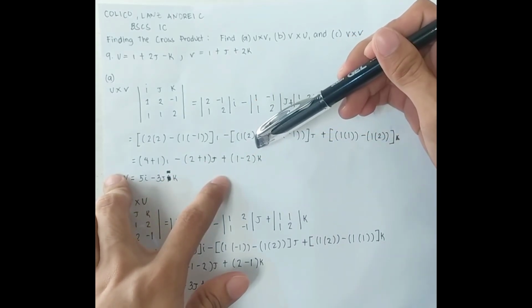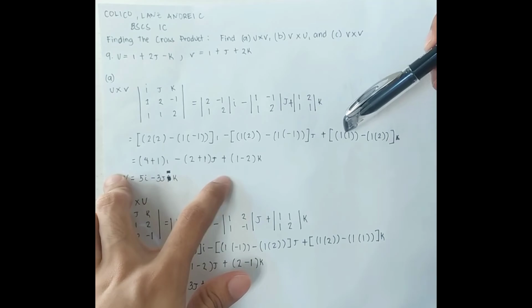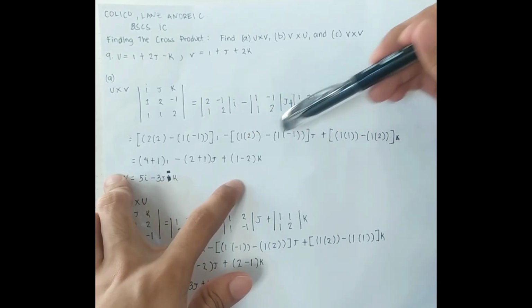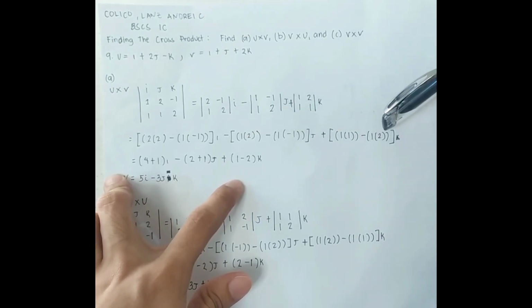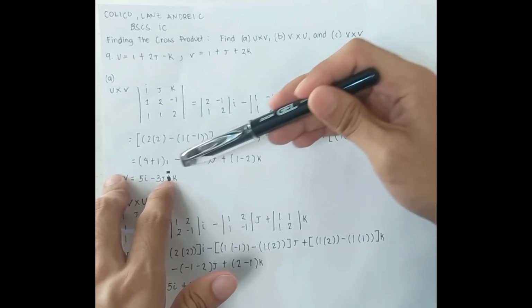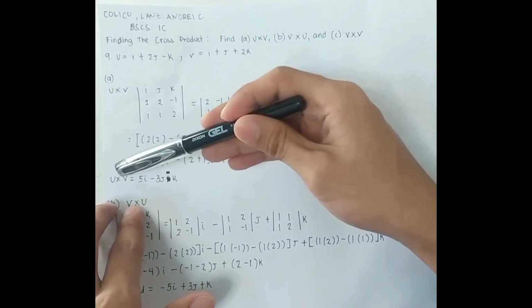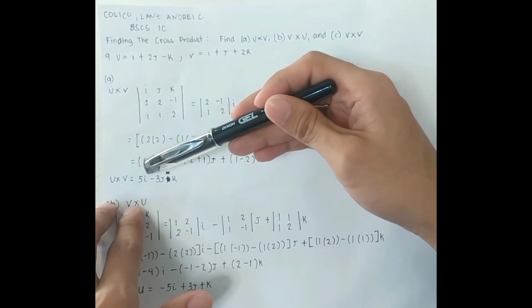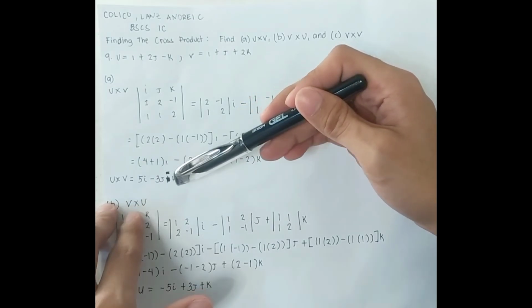Then, to get K, 1 times 1, that will be 1, and 1 times 2, that will be 2. Then minus, so 1 minus 2, that will be -K. So our U cross V is equal to 5I minus 3J minus K.